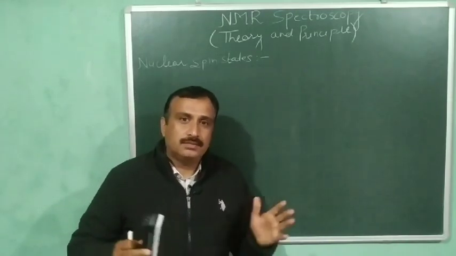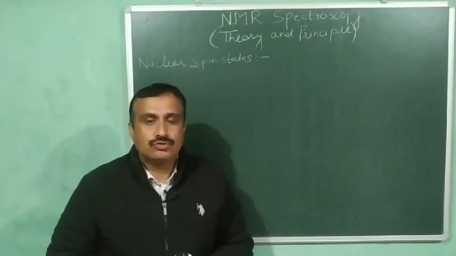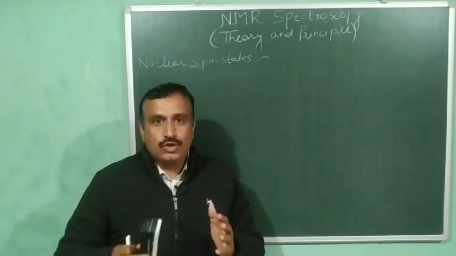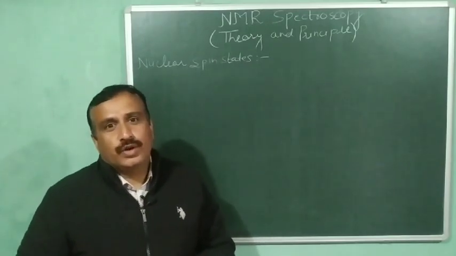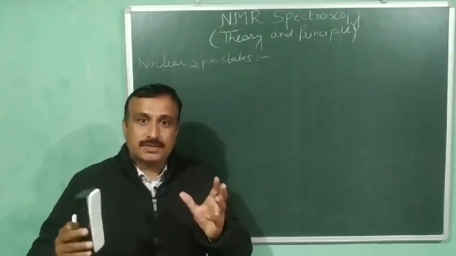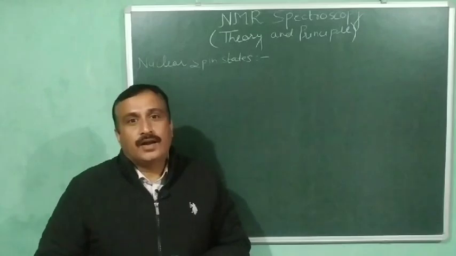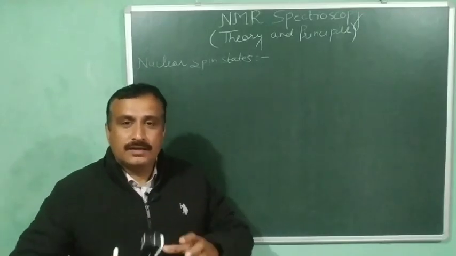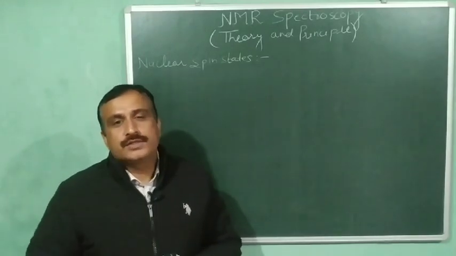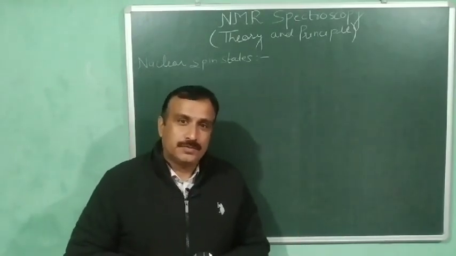So friends, in my previous video, I told you that just like electrons, the nuclear particles, protons and neutrons, also spin about their own axis. The nucleus will have some resultant spin if the protons and neutrons are not paired. The resultant spin depends upon the number of protons and neutrons having parallel and anti-parallel spins.